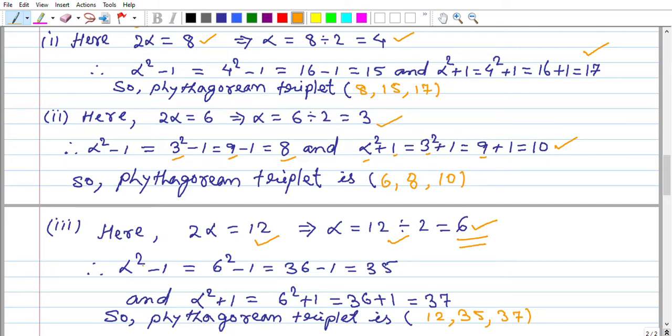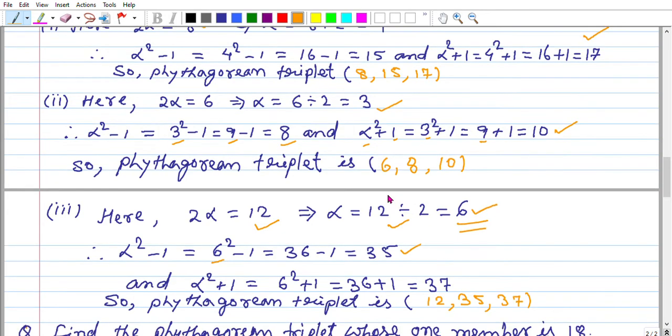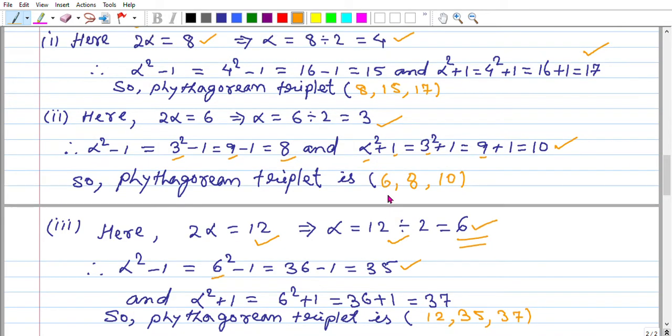Then put the value of 6 in the triplets. Second, alpha square minus 1, in the place of alpha we will put 6, 6 square minus 1 equal to 36 minus 1. 36 minus 1 we know very well, it gives 35. Now the third, alpha square plus 1.